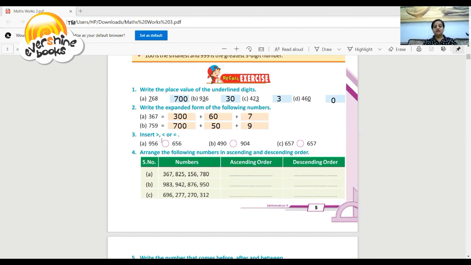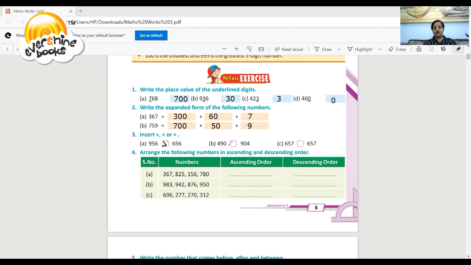Now insert greater than, less than or equal to. So 956 and 656, which is greater? Obviously it is 9. 956 is greater than. So we are going to make the sign of greater than like this. 490 and 904.